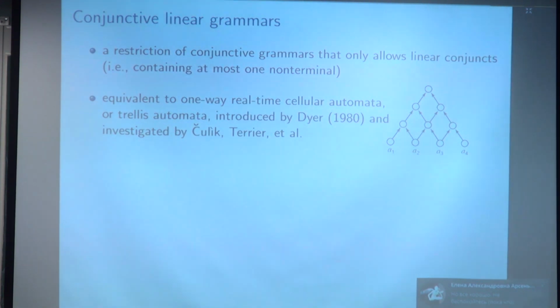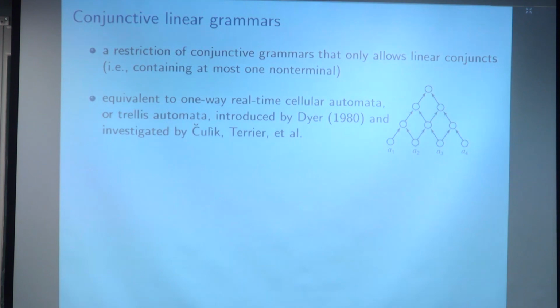These are also fairly recent, with one caveat. They're fairly recent as grammars. On the other hand, they are actually equivalent to one-dimensional real-time cellular automata, or trellis automata, which have been researched since the 80s or 90s.